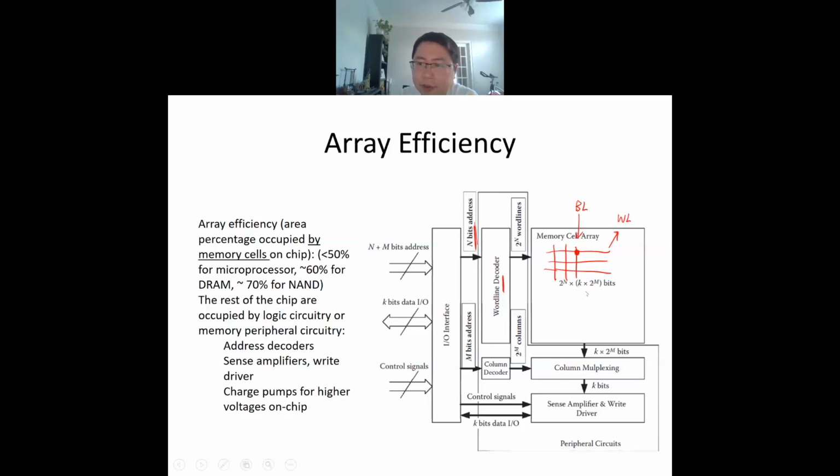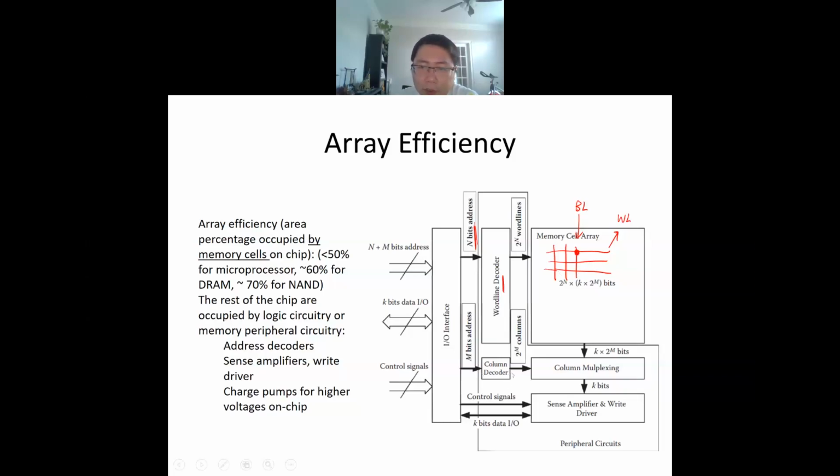Hopefully you have learned this in the 2020 course. So n bits of address, after the decoding, will become 2 to the power n word lines. For example, if you have 10 bits in your address, the number of rows will be 2 to the power 10, that is 1024 rows.